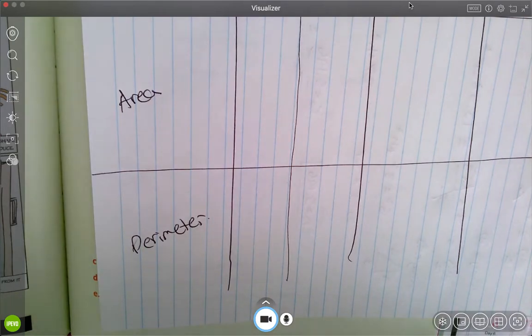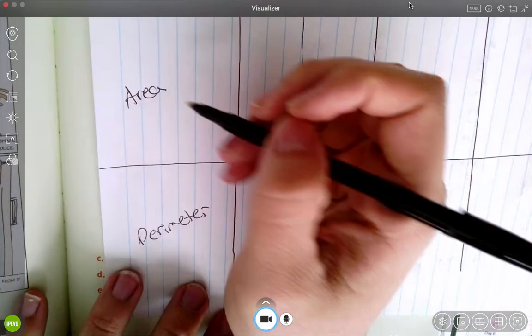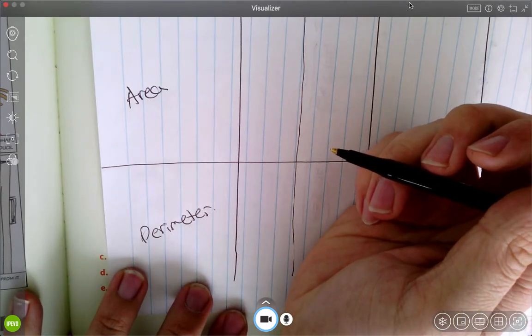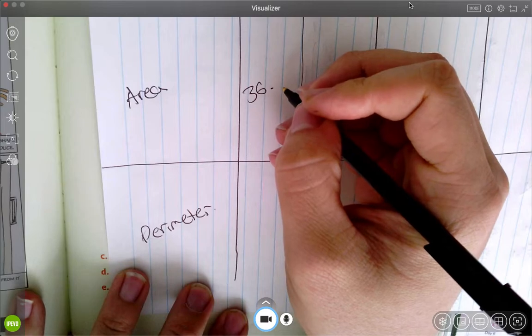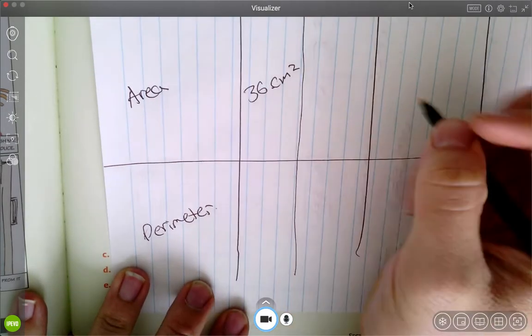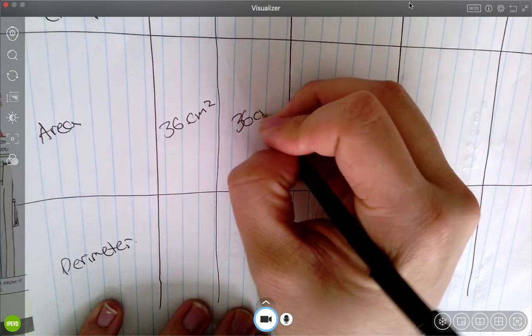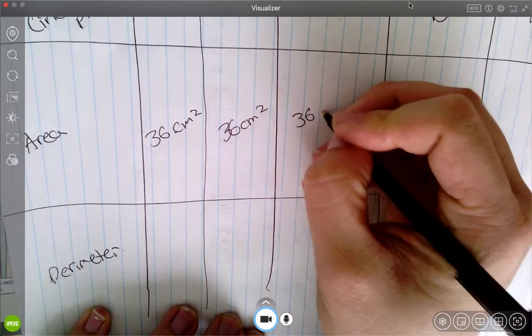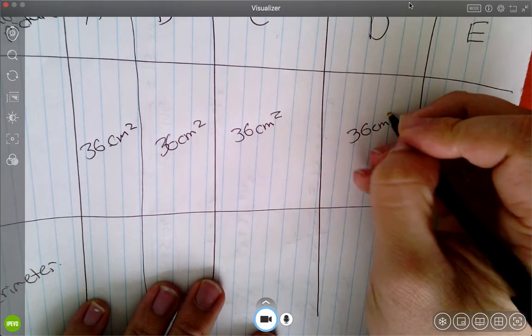All right. So what's the area of A? 36? Just 36? So it's 36 centimeters squared. And this, you probably realize, is the same throughout. So the area stays the same.